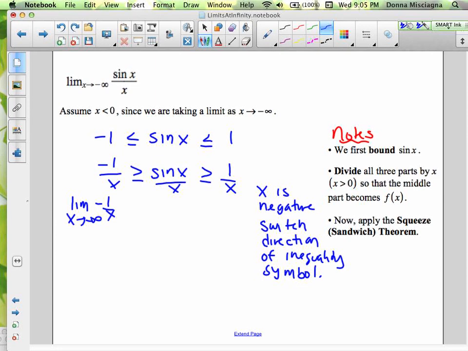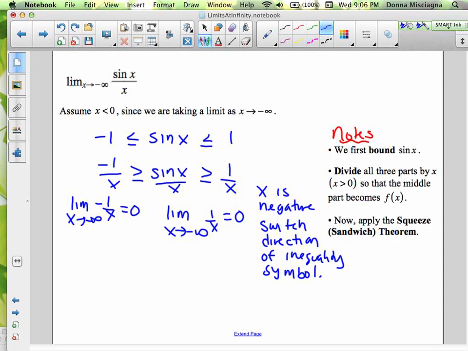If you have a constant divided by something that's increasing or decreasing without bounds, the limit is 0. And so the limit as x approaches negative infinity of 1 over x is also 0. So now we know what the limit of sine x divided by x is as x approaches negative infinity.